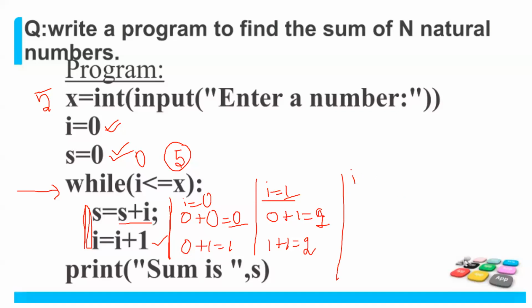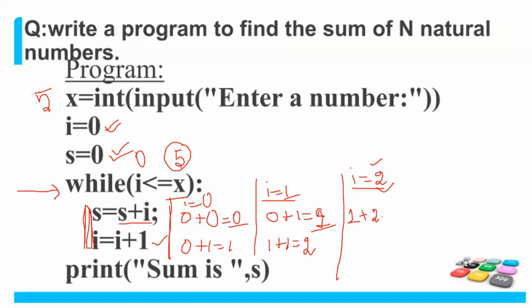Same way, next time when i becomes 2, again the while will check whether the value of i is less than or equal to x. Yes, it is, because the value of i is 2. Again, these two lines will be calculated, which is s equals to s plus i and i equals to i plus 1. The current value of s, as you can see here, is 1, and the current value of i is 2.